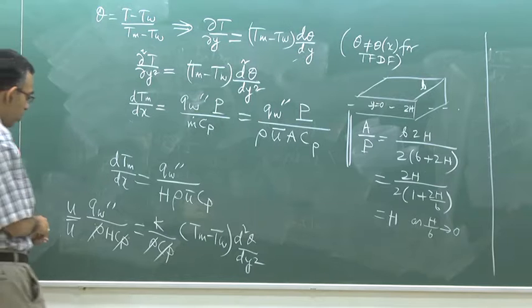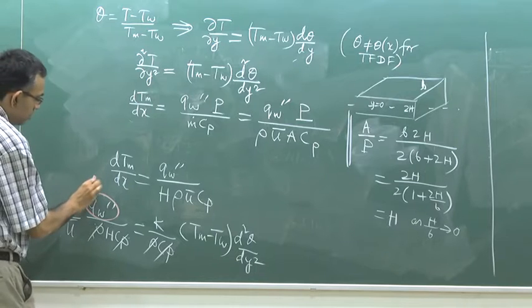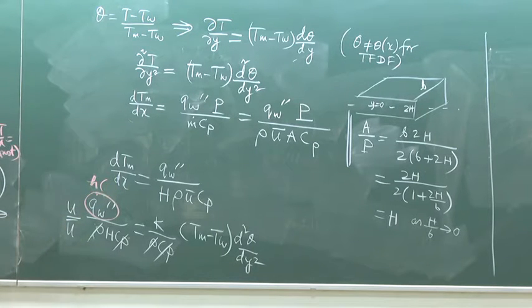In place of Q wall what can we write? Q wall is h into T wall minus Tm.